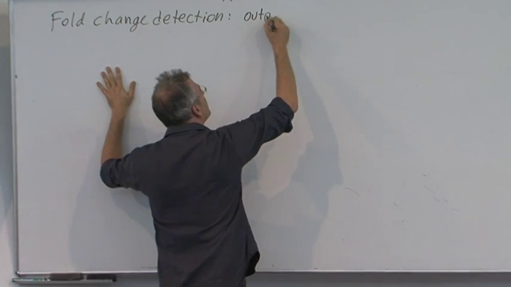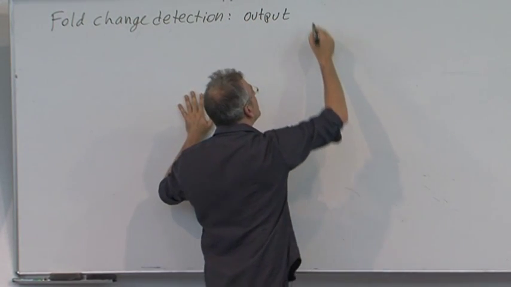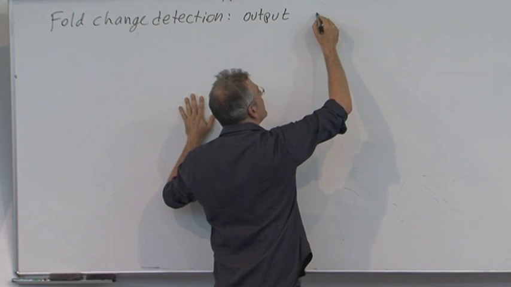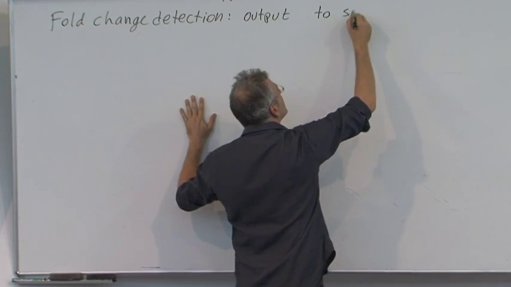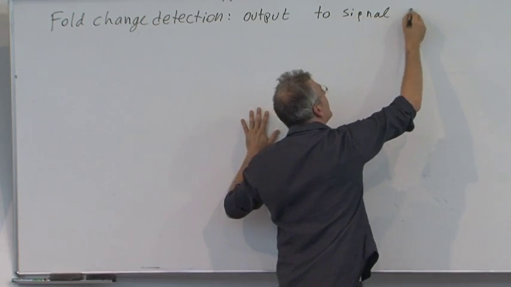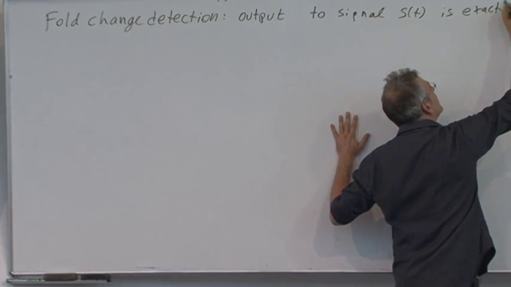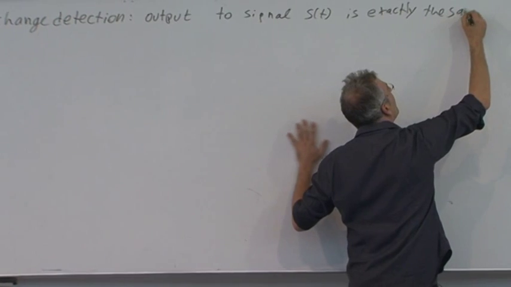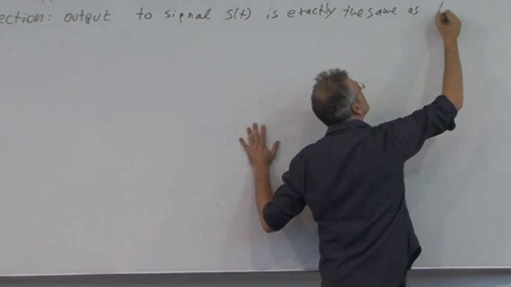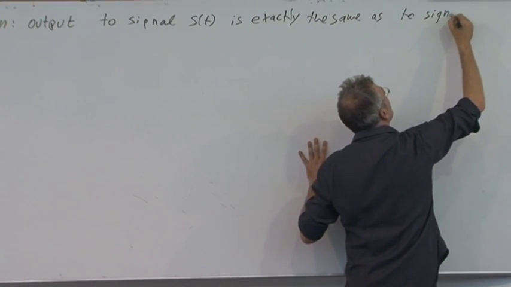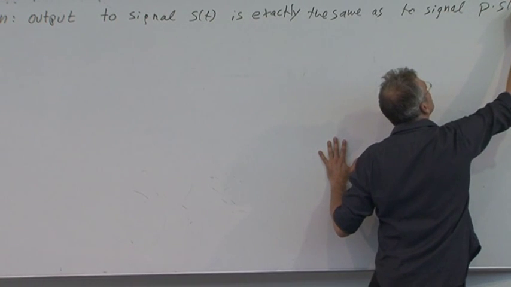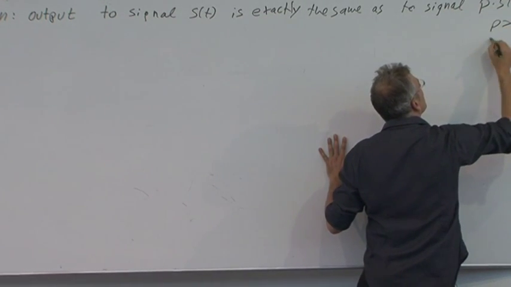Output of the signal S of t is exactly the same as to the signal P times S of t, where P is a constant.